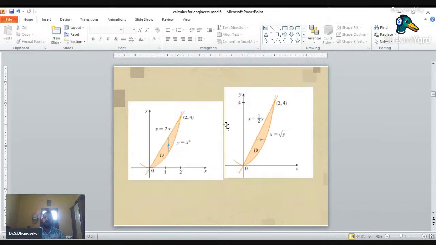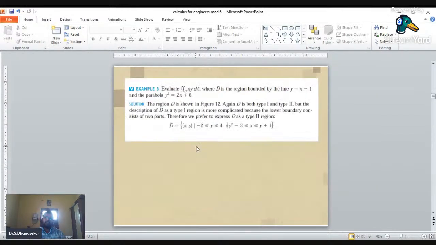So you should know how to find the limits of the inner integral and the outer integral. That will give you a great advantage in solving this part.